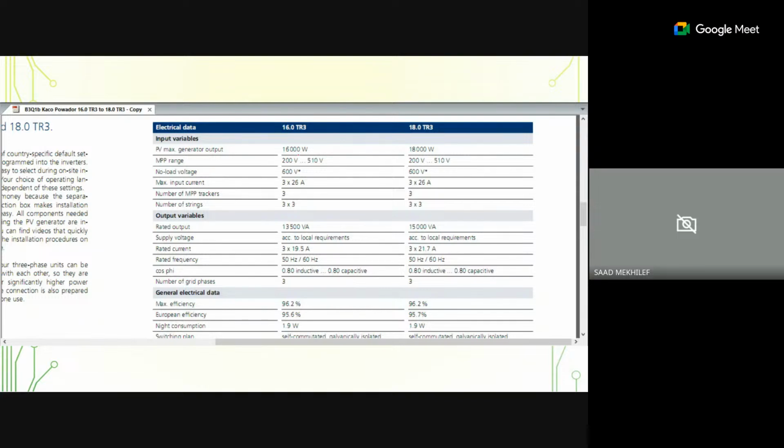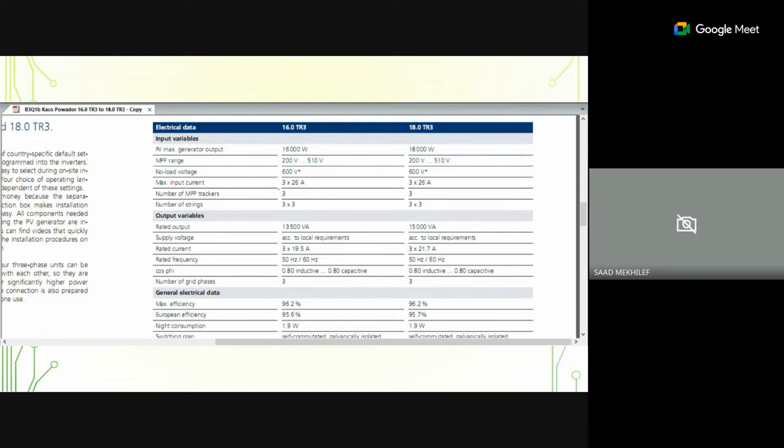So you can see here 16 kilowatt. The voltage, you see, this is what I mentioned just now. The range, the operating range. So this inverter works between 200 volts DC to 500 volts DC. See, maximum input current 3 times 26 amp. Number of MPP.